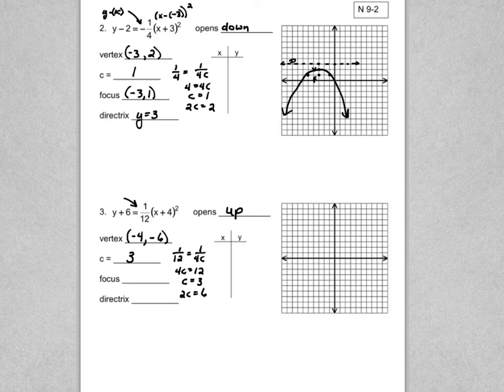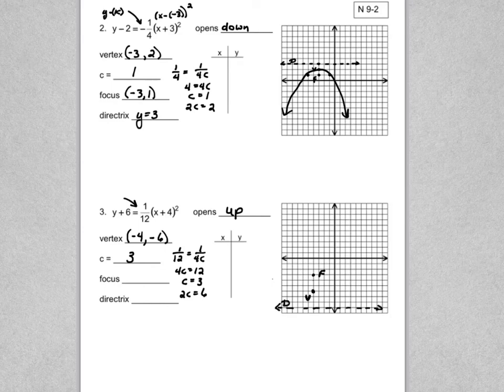So we have a vertex at (-4, -6). So right there is our vertex. All right, 3 spaces, and since it opens up, 3 spaces above that, c spaces above it, in this case 3, is the focus. 3 spaces below the vertex will be a line called the directrix.